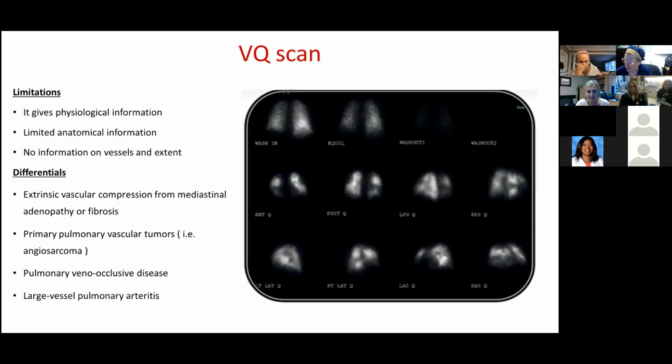So it gives you some physiological information, but it really does not give you information on what vessels are affected by the disease and the extent of the clots. And the VQ scans can also be abnormal, not only in CTEPH, but in other processes, like if you have an arteritis of large pulmonary vessels, or if you have PVOD, or if you have pulmonary artery sarcoma.